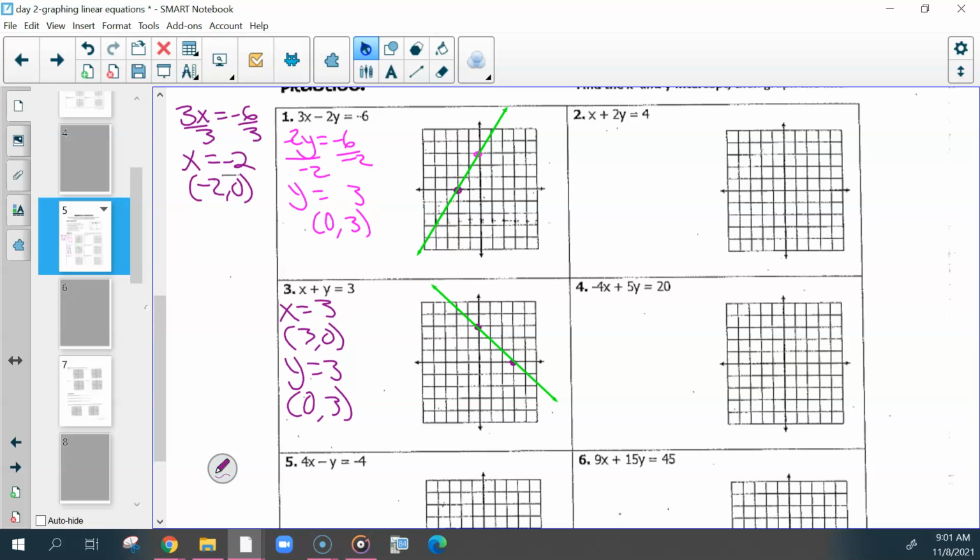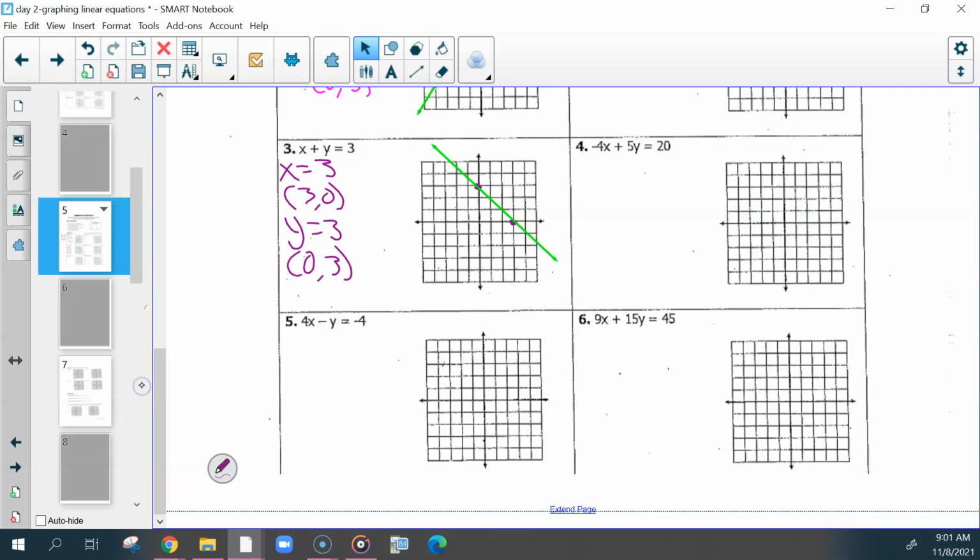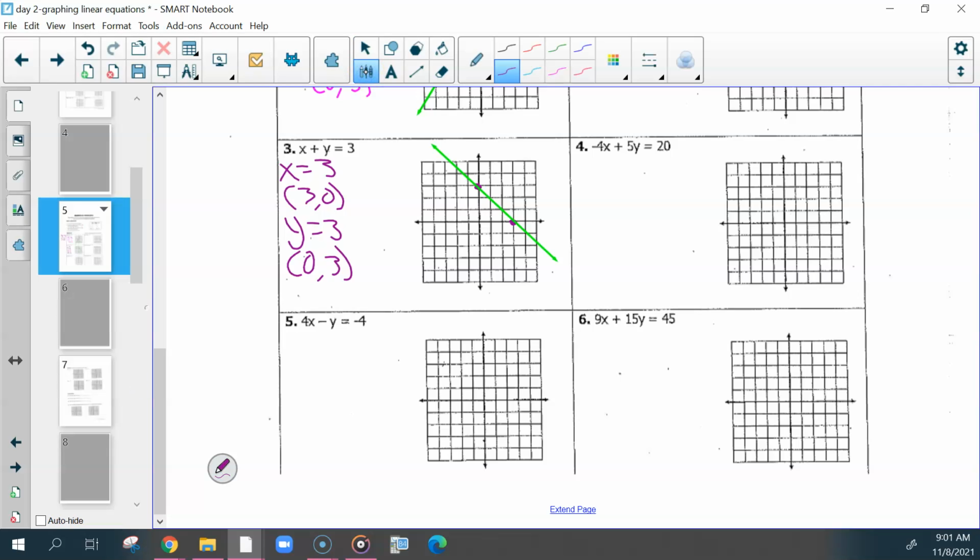For number 5, same thing. I could cover up the y term, see what's left, 4x equals negative 4, and solve. Divide both sides by 4. So that would be the point negative 1, 0.